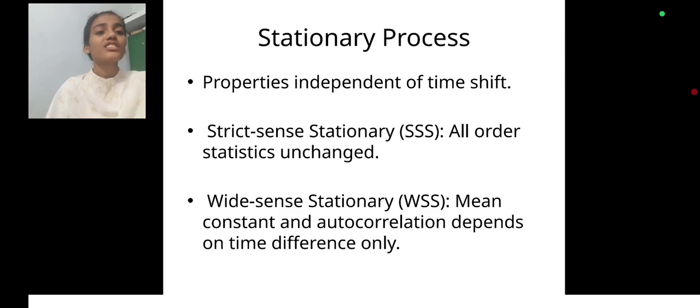Stationary processes: properties independent of time shift. It is also called SSS, strict sense stationary. In SSS, all orders of statistics are unchanged. Wide sense stationary, WSS: the mean is constant and the autocorrelation depends on the time difference only.